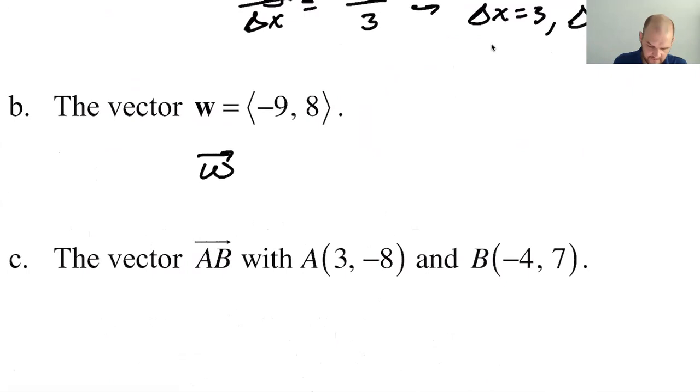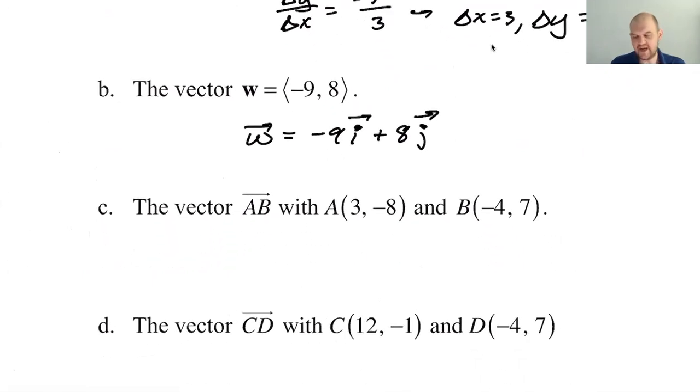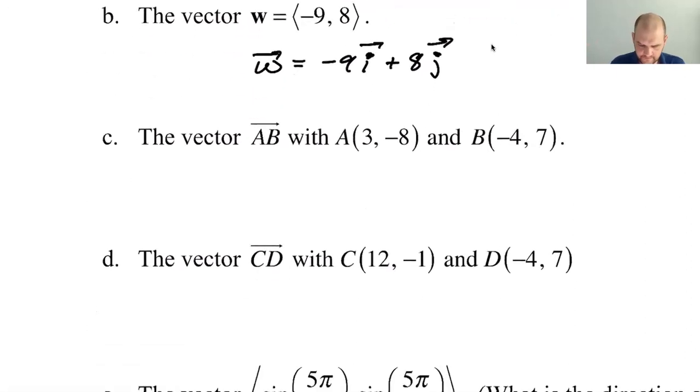Other times, they look like weird linear combinations of i and j. Because i is the x-axis, basically, it's 1, 0. j is the y-axis, which is 0, 1. And if I add -9 times 1, 0 plus 8 times 0, 1, I will get -9, 8, which is the vector. It's just another way of writing it.